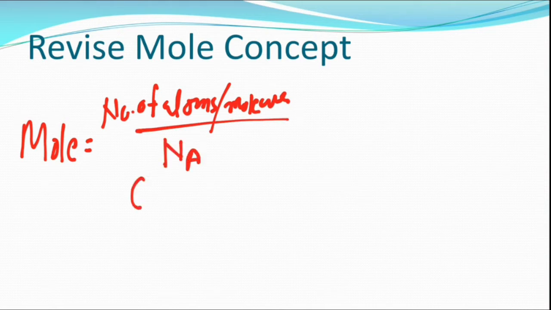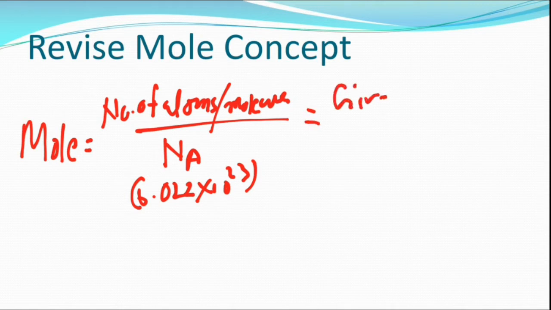And what is Avogadro number? It is 6.022 × 10^23. Then in terms of mass, it is given mass divided by molar mass.